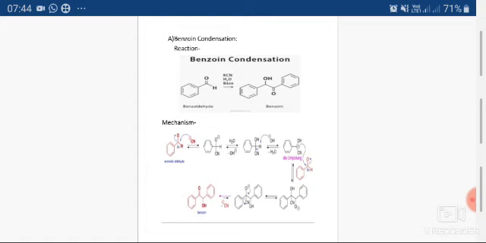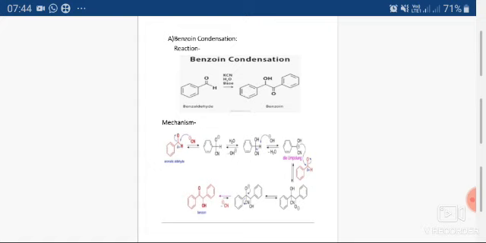Now there is formation of another oxyanion. Then in the next step, a proton transfer from hydroxy oxygen to oxyanion occurs, that is, there is intramolecular proton transfer, and a new oxyanion is formed.